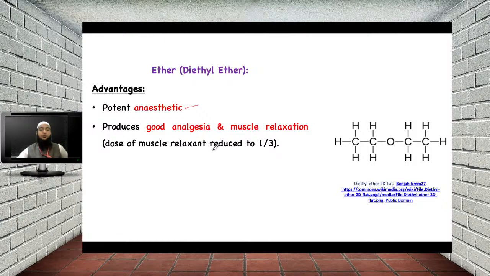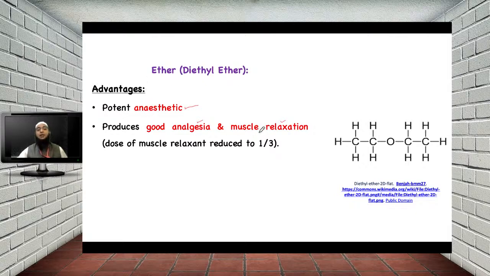Secondly, it produces good analgesia as well as muscle relaxation. Since it produces good analgesia, obviously there is no need to add an extra analgesic agent, because ether itself is a very good analgesic drug.